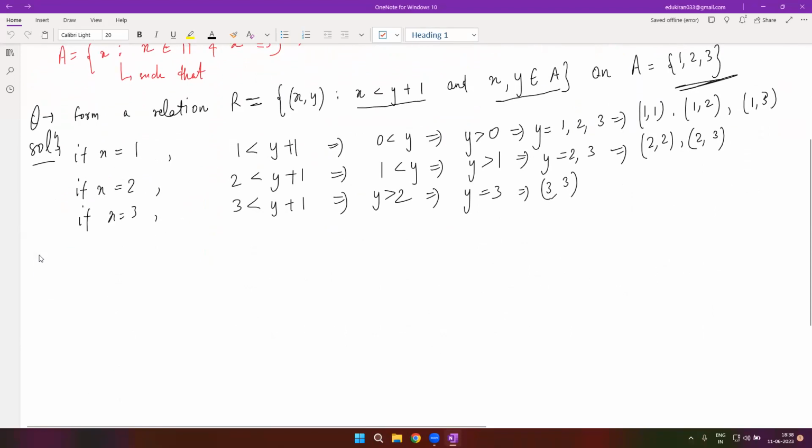So let's say we are given these two sets.